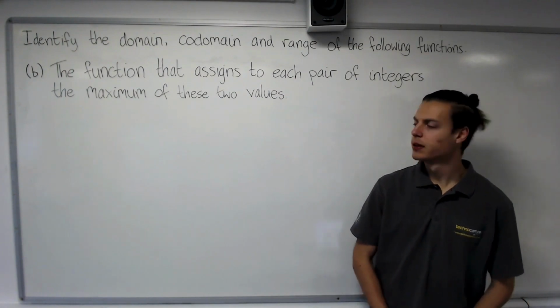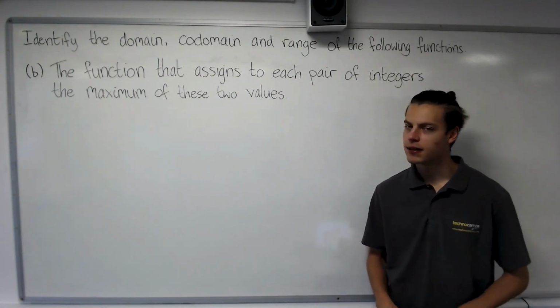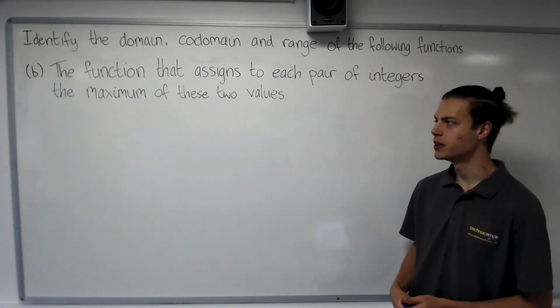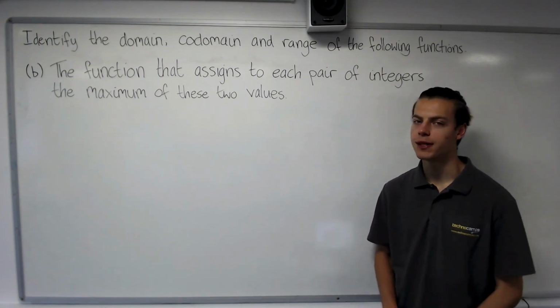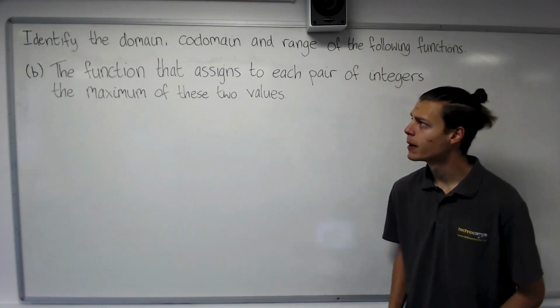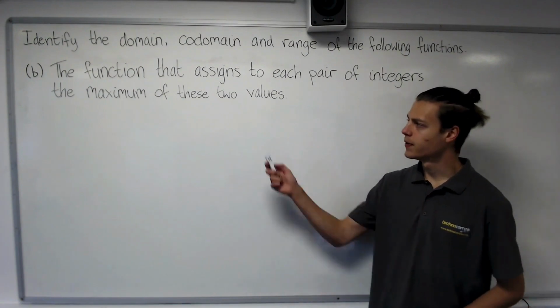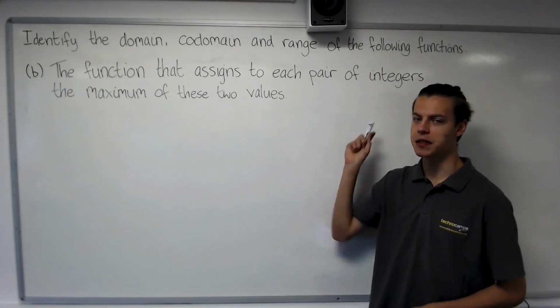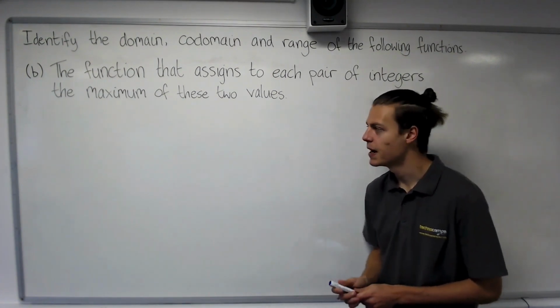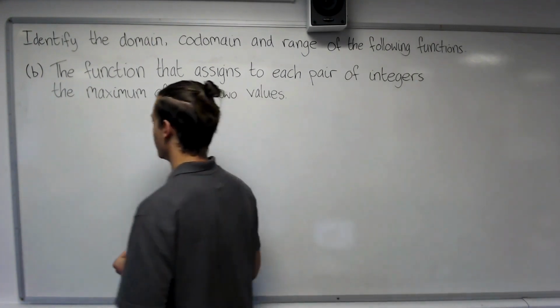Our second function is defined as the function that assigns to each pair of integers the maximum of the two values, okay? So this function assigns values to pairs of integers, right? Remember, a pair is just a Cartesian product, right?